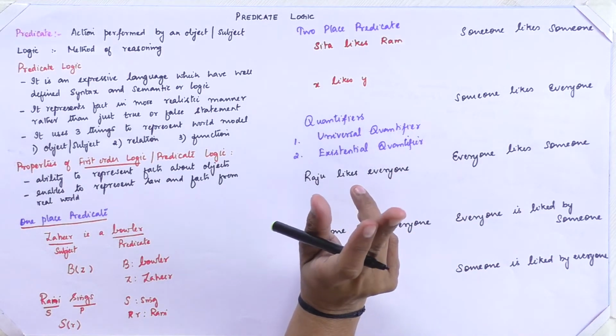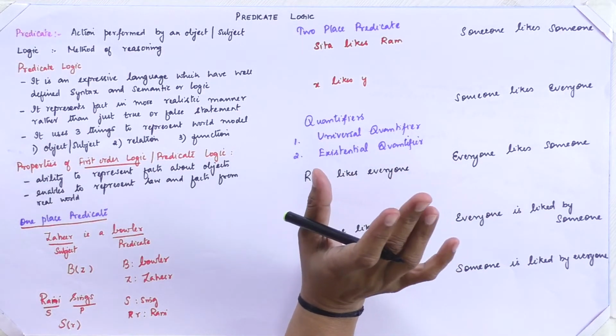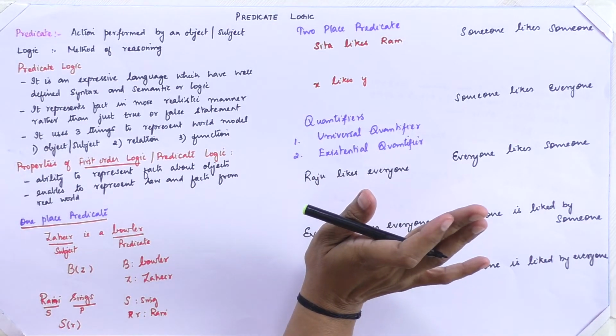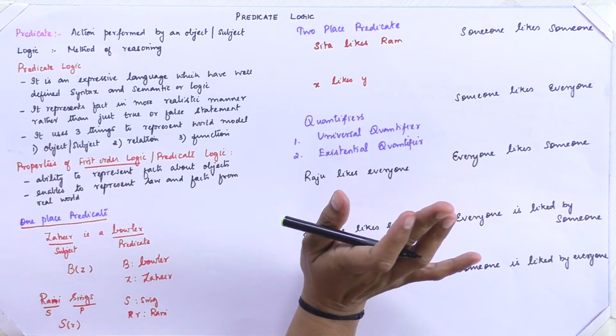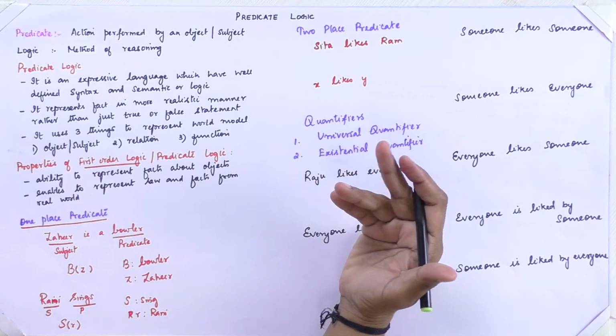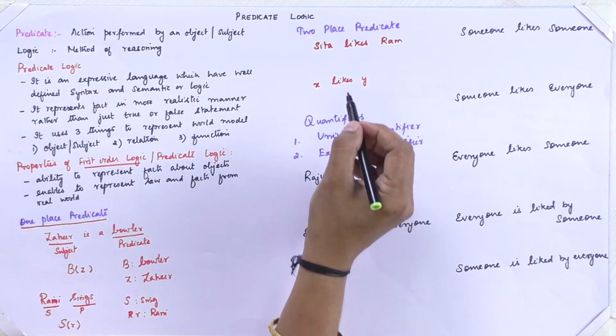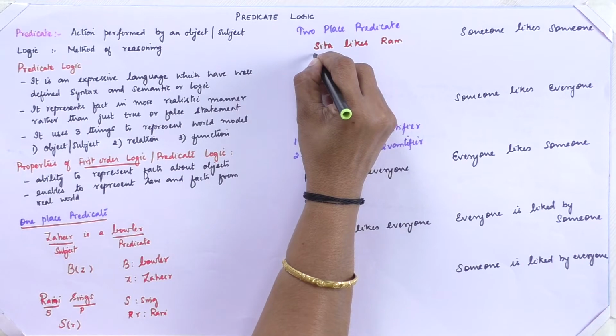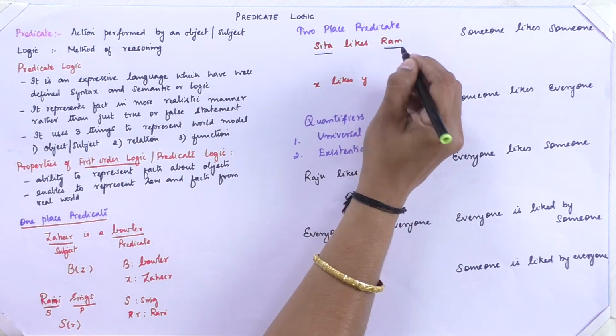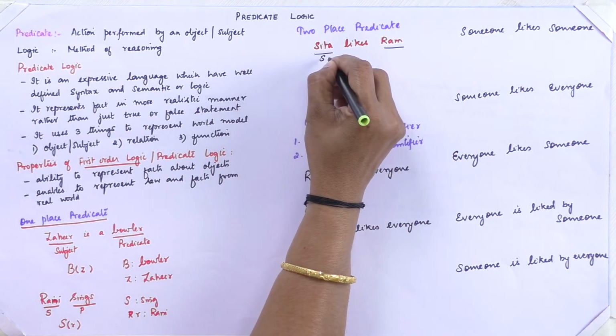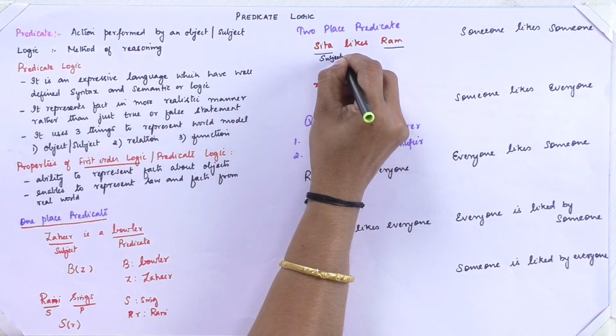First I will have to identify the predicate term and then the subject term, or vice versa also I can do it. Identification of the subject will be easier for us, right? So the subject here is what? Names, that is Sita and Ram.